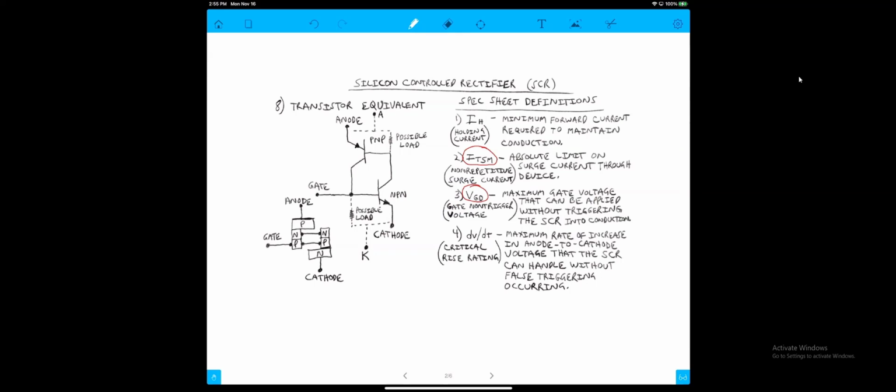If you were to purchase, or were designing something that needed an SCR, it would be based on what kind of input you're going to have on that gate. You want to make sure you can apply voltage to it without triggering it, for some random surge or something like that.